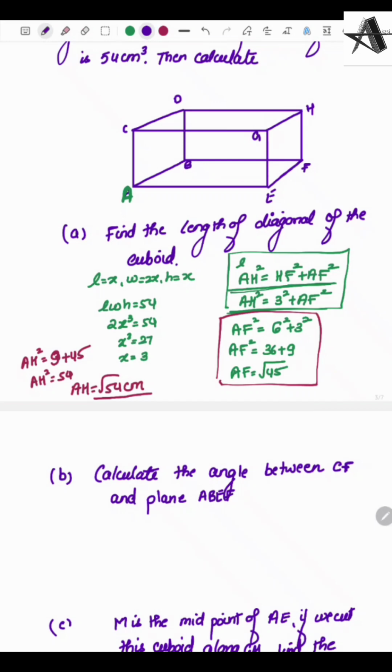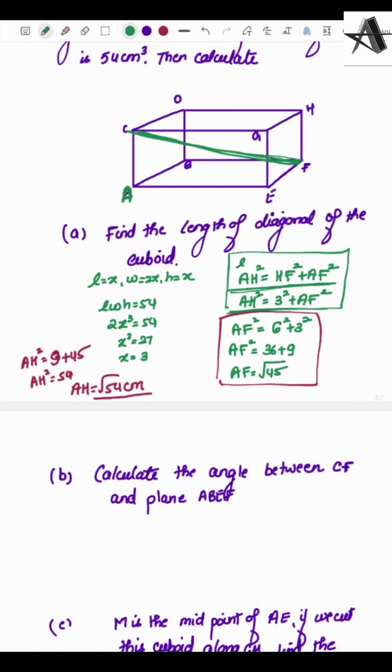Here CF is this one. This is also a diagonal, and all the diagonals of a cuboid are equal. So if AH is root 54, that means CF is also root 54. Keep that in mind.